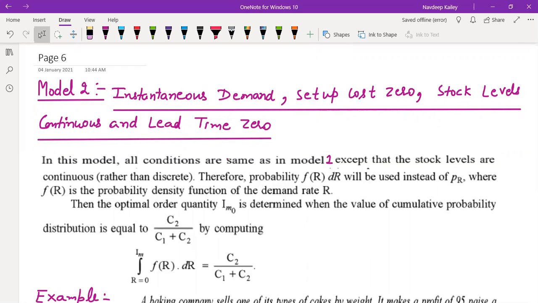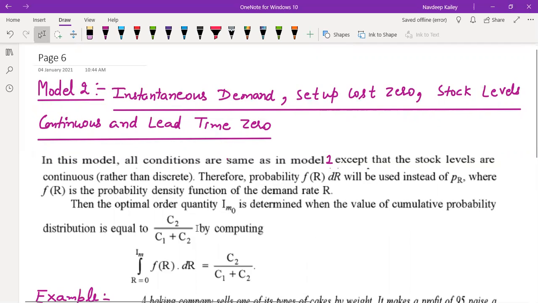here in this model we will consider probability f(R) dR instead of PR, where f(R) is the probability density function of demand rate capital R. Then the optimal order quantity is determined when the value of the cumulative probability distribution is equal to C2 upon C1 plus C2.